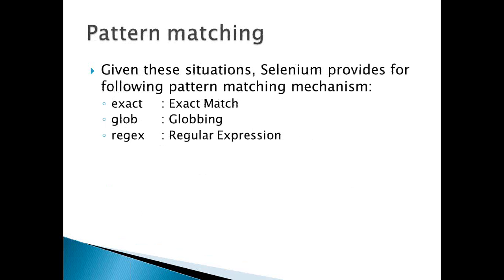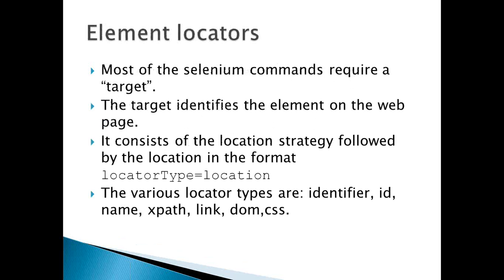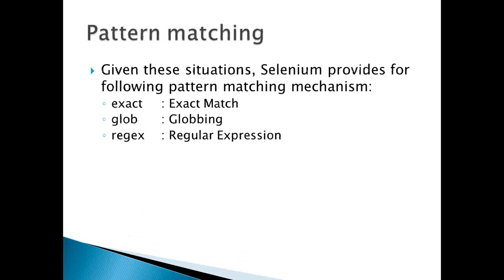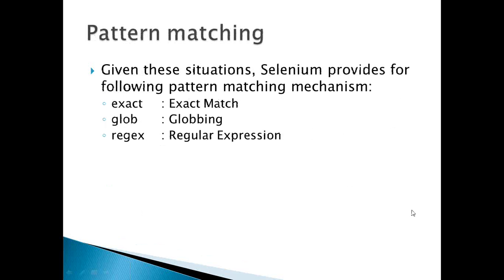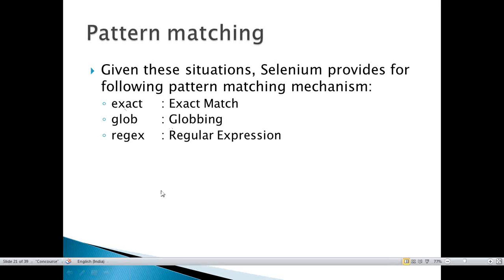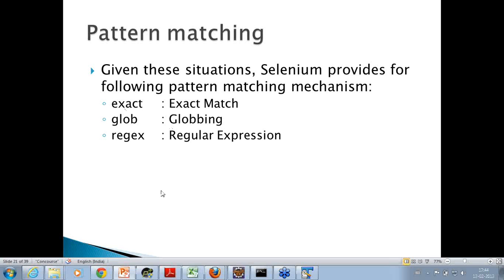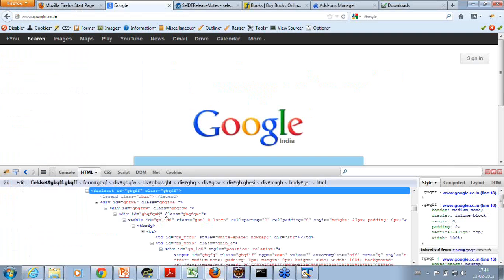The other thing is that when you are giving, let's say, the name or the ID of the element of the web page to be reached, either you can have an exact one. For example, as we saw, we had the exact ID over here, GBQFQWB.